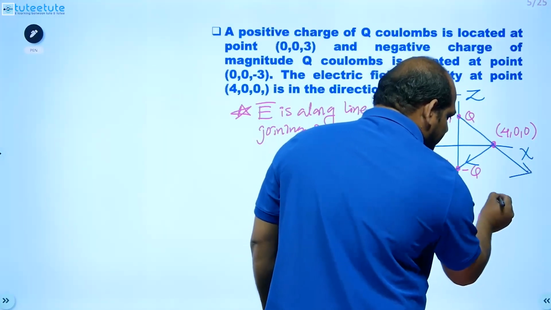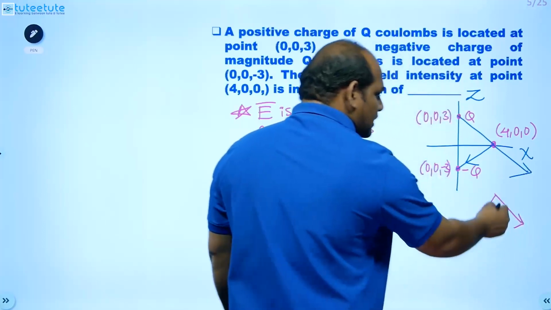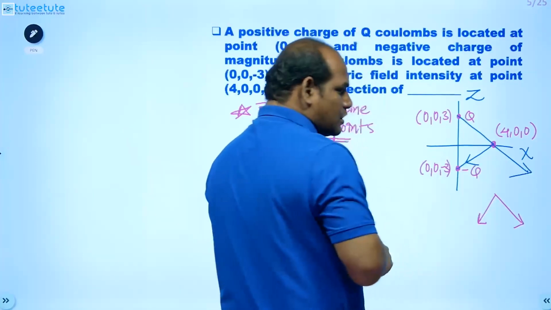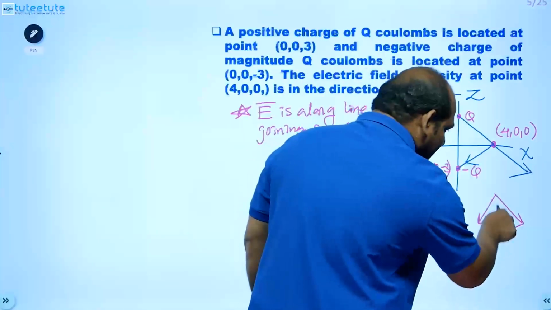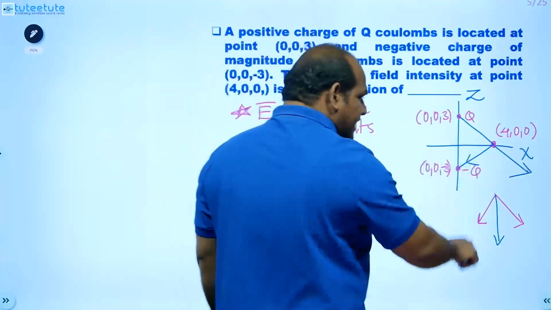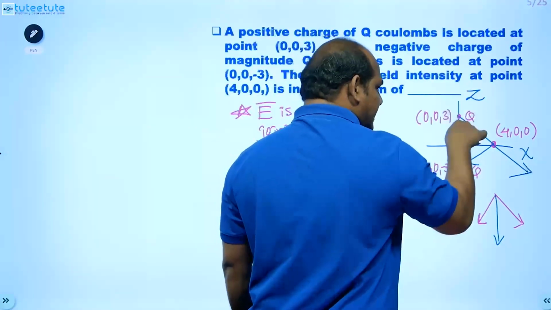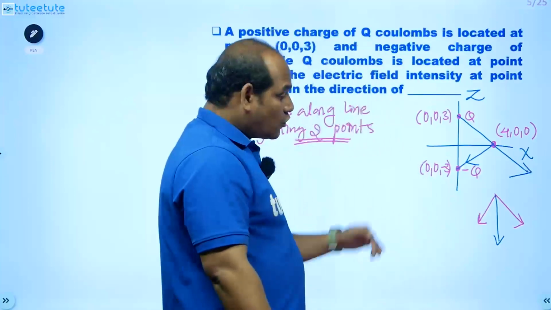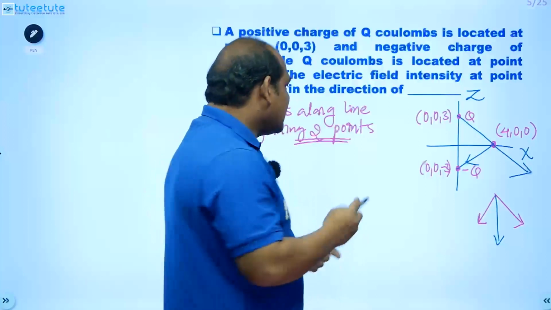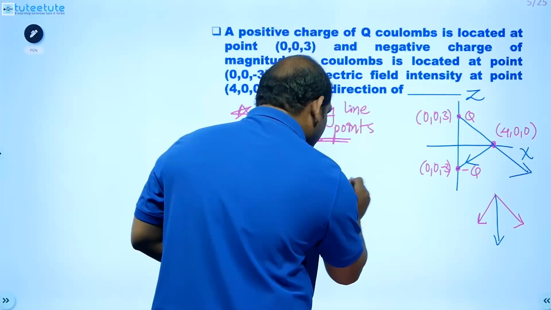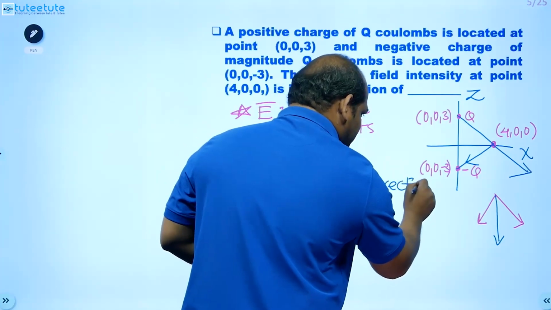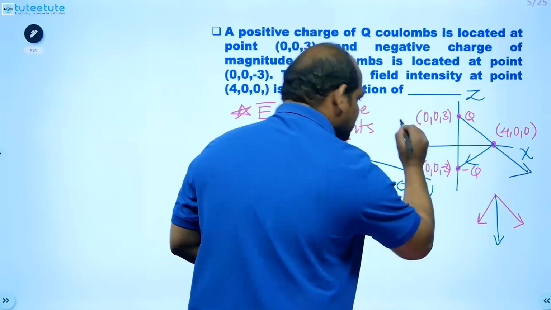This is the direction of the electric field due to minus Q, and this is the direction due to plus Q. Now the resultant direction will be like this. Positive Z direction means upside, negative Z direction means downside. So we can say that the resultant electric field is along the negative Z direction. So this is the answer.